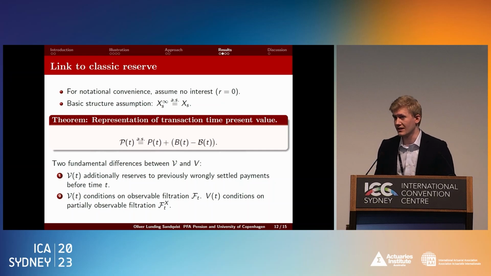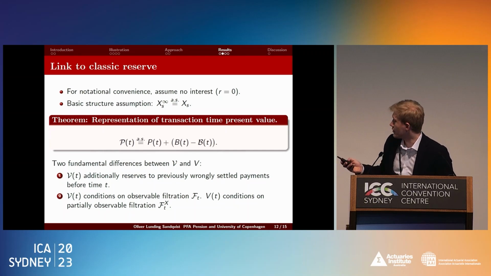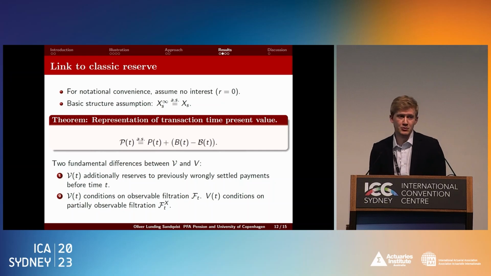So another way to say this is basically that your valid time state process is the finalized timeline of your transaction time state process. And then you get the following nice result, that the present value in transaction time is the same as in valid time, but plus a correction term here, which is the difference between the payments that you would have paid out had you known X in the interval 0 to t, and the payments that you actually have paid out.